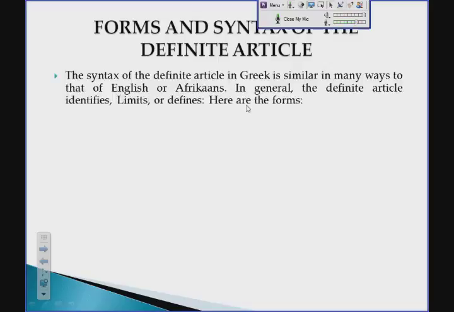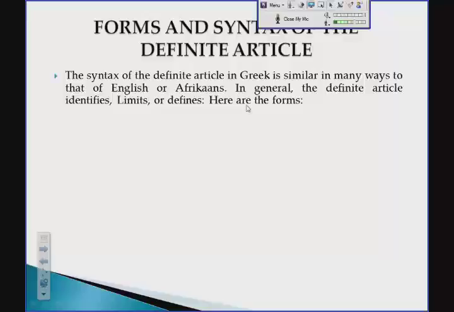Right. The syntax of the definite article in Greek is basically similar in many ways to that of English or Afrikaans. In general, the definite article identifies, limits, or defines the noun it precedes.